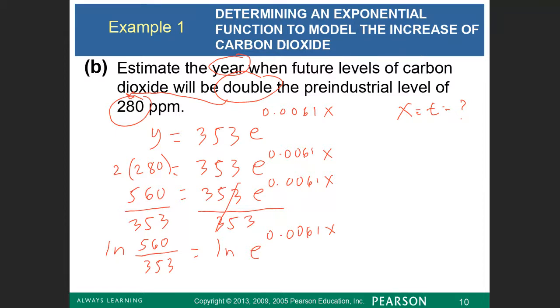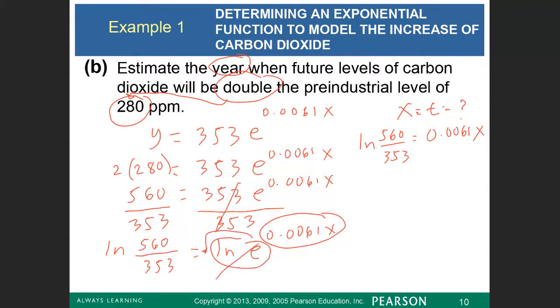So the power rule gives us here ln 560 divided by 353, and that would be 0.0061x. On the other side, since ln e, we can bring down this power here to the side, and ln e actually is 1, so that cancels out. So that would be our answer there.